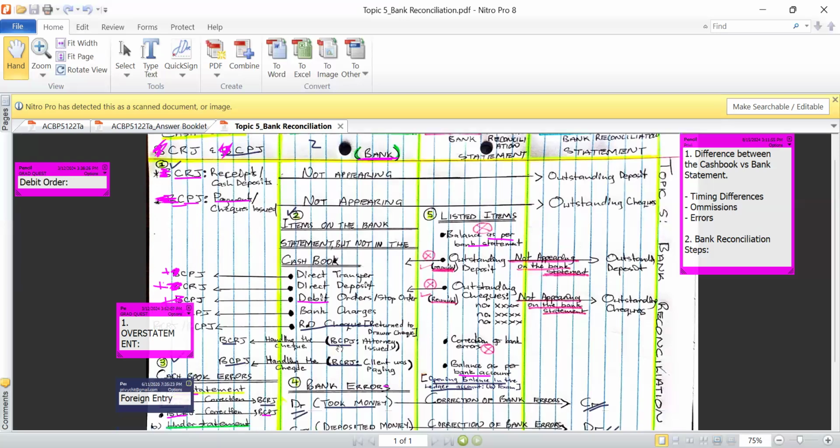And then, of course, sometimes, though under rare cases, there are what we call RD checks, which can also be reflected on your bank statement. Now, a return to draw check, or RD check, happens under the following circumstances. Somebody gives you a check and says, we are authorizing you to go and draw the money from the bank. When you get to the bank, they tell you there's something wrong.